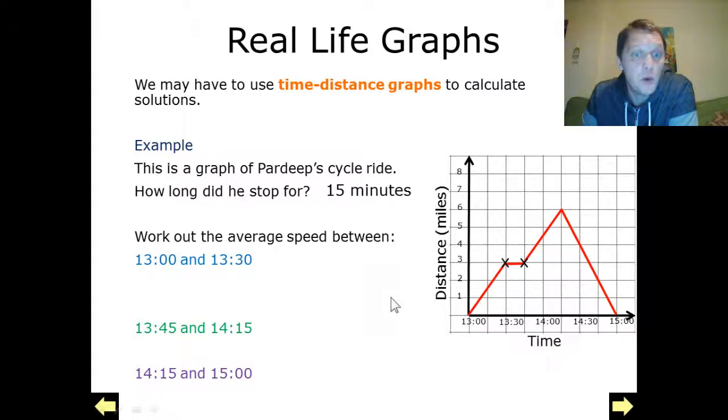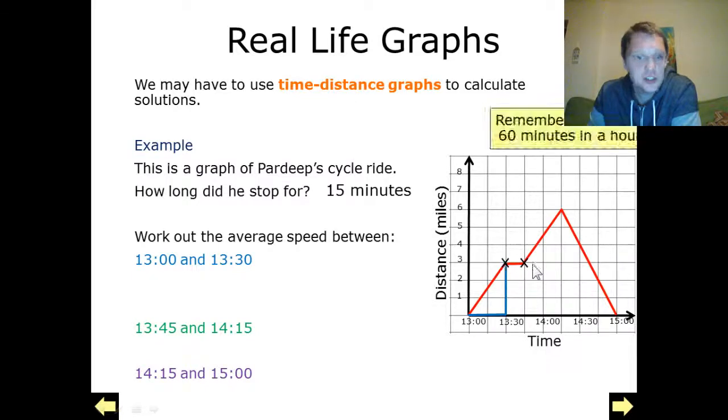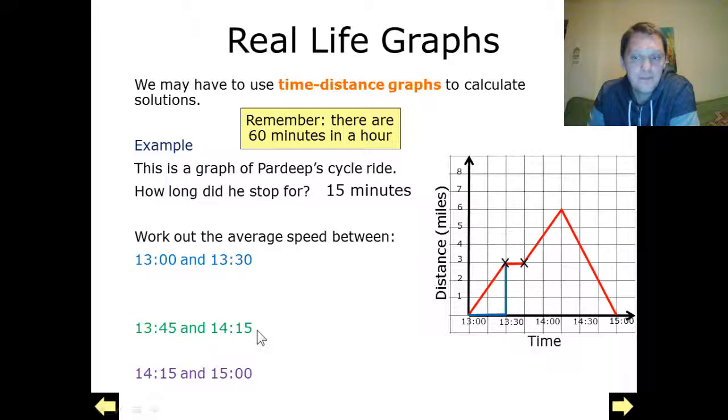We could also work out average speed between different times. Here I'm asking for the average speed between 1 and half 1, between 1:45 to 2:15, and from 2:15 to 3 o'clock. The first one I've started to draw out.